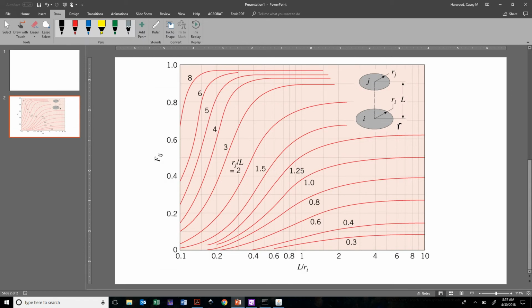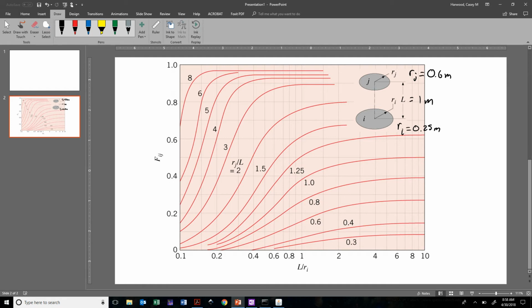So we had that R_i was equal to 0.25 meters, that R_j was equal to 0.6 meters, and L was equal to 1 meter. So L over R1, that's what's on the x-axis here. So L over R1, 1 meter over 0.25 meters.